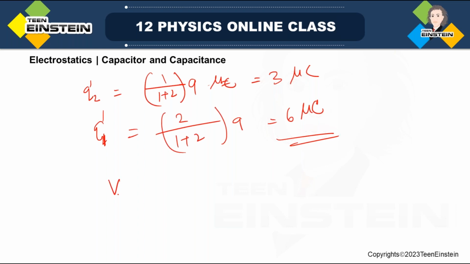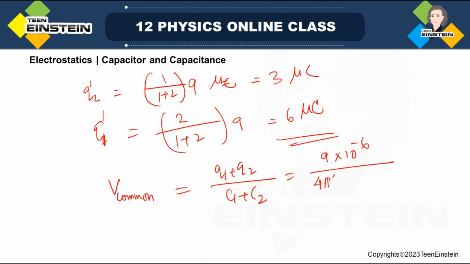Next is the common potential. It should be Q1 plus Q2 divided by C1 plus C2. Q1 plus Q2 we already know. So Q1 plus Q2 in coulombs, 9 into 10 to the power 9, and C1 plus C2 I can write as 4 epsilon naught into R1 plus R2.